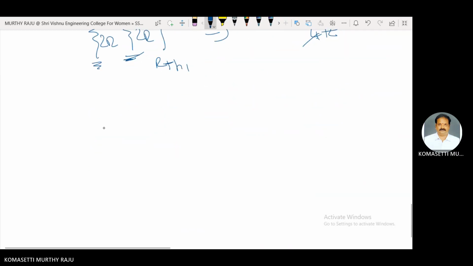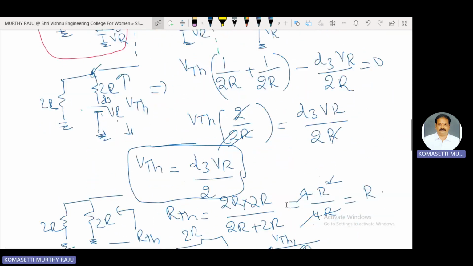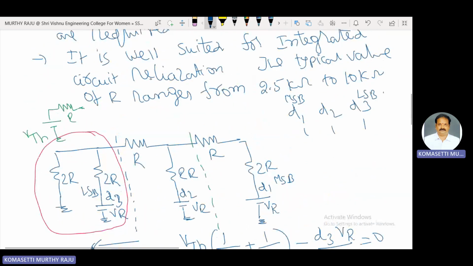Therefore, VTH1 in series with R. Up to this one, the simplified diagram is VTH1 in series with R. The remaining one is also connected here: R, 2R, D1 into VR.